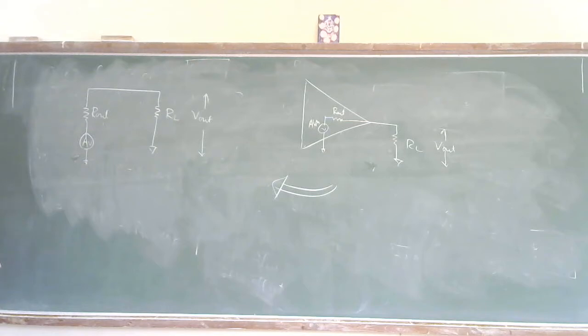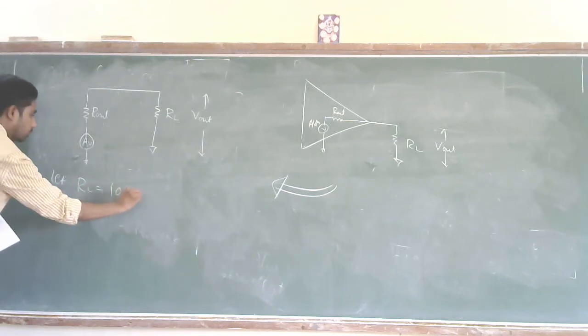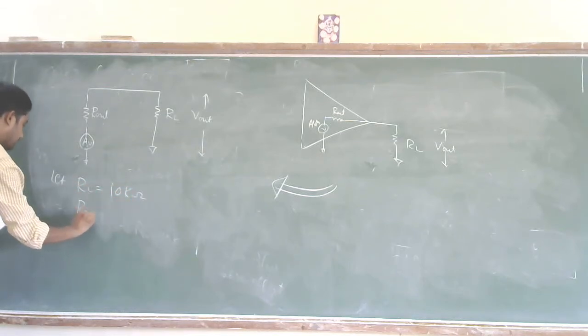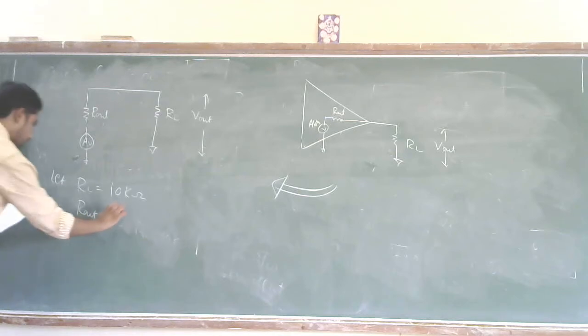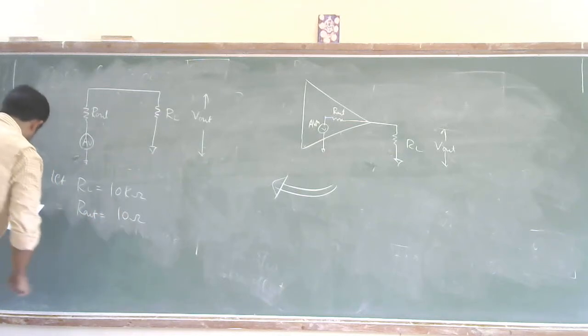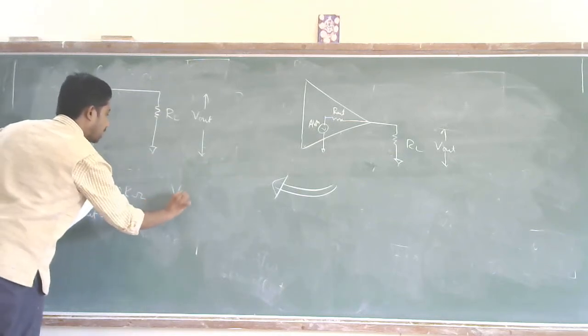Now let's try to give a similar kind of analogy and figure out what the output voltage will be if I vary the values of these resistances. Let's consider, for case number 1, RL equal to 10 kilo ohm, and R out equal to 10 ohm, and let's calculate the output voltage.